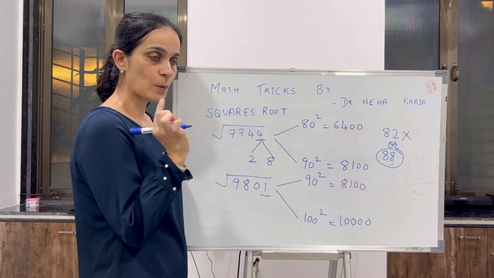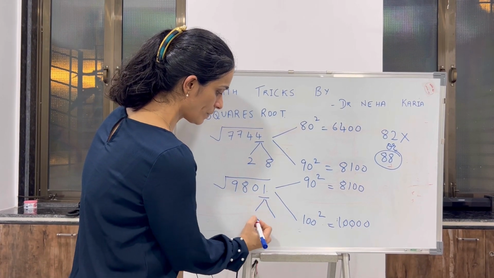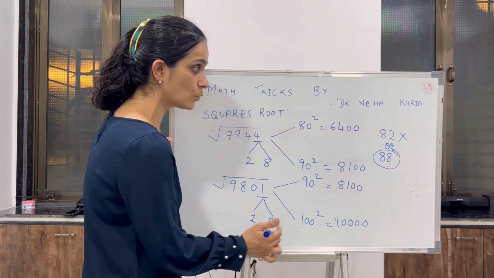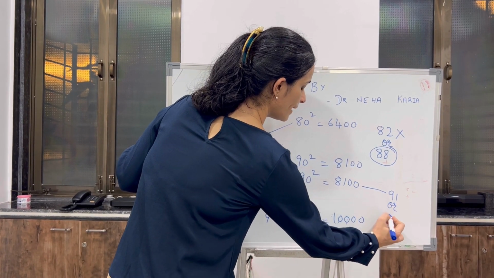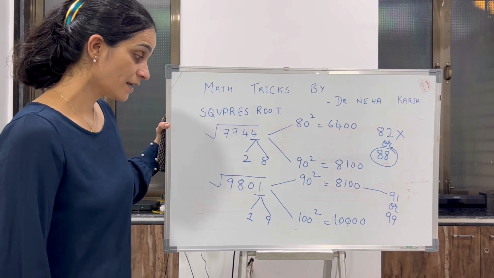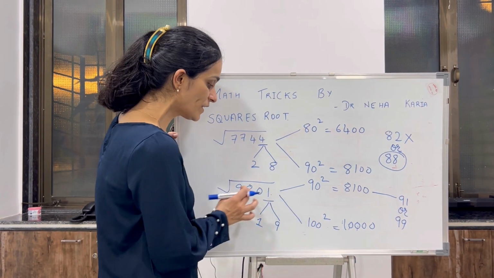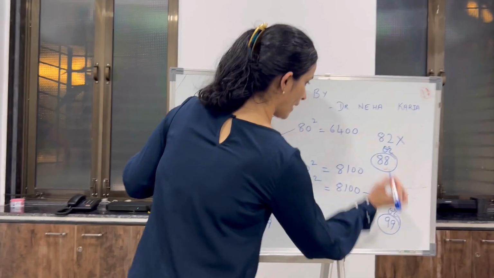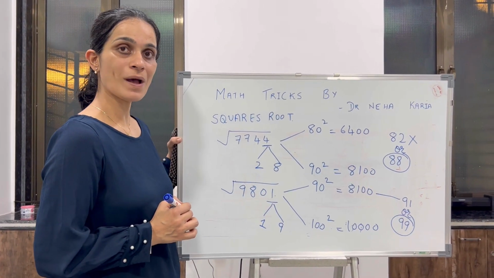It could be 1 square, 1, or 9 square, which is 81. So it could be 91 or 99. Now which one? Let's check. 9801 is closer to 10,000. So whichever number it is closer to, that becomes your square root. So the square root of 9801 is 99.